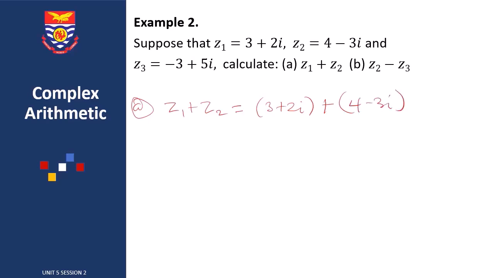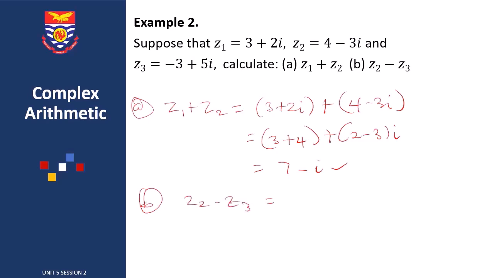We add the real parts together and the imaginary parts together; the imaginary parts have 2 and negative 3. Using the distributive rule, that becomes 7 minus i.